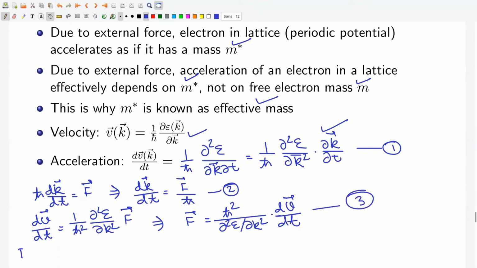Note that equation 3 is Newton's second law.